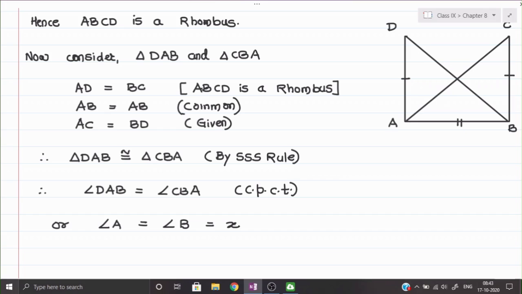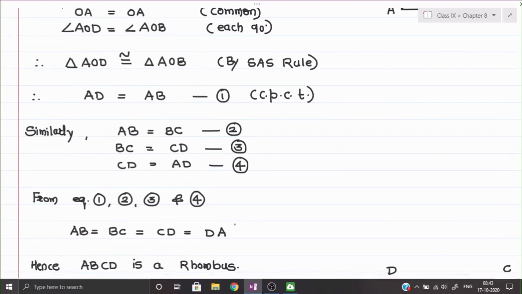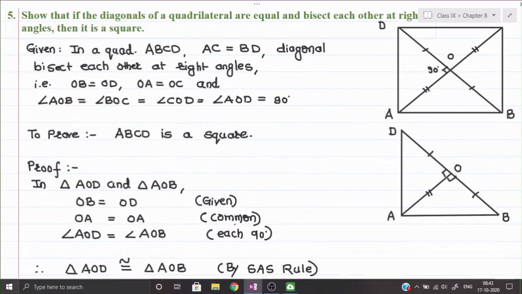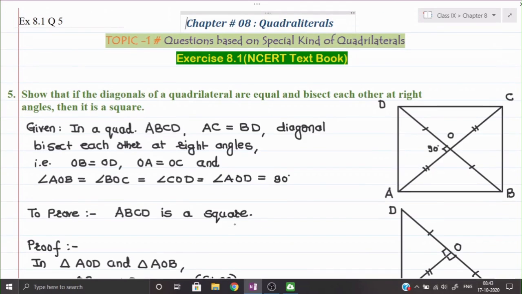And one more thing you observe here, since we have proved that AD and BC are equal, and we have proved that ABCD is a rhombus, so AD and BC are parallel. Look at the main figure ABCD where we have proved rhombus. So AD and BC we can say are equal, as well as parallel, because the figure is a rhombus.